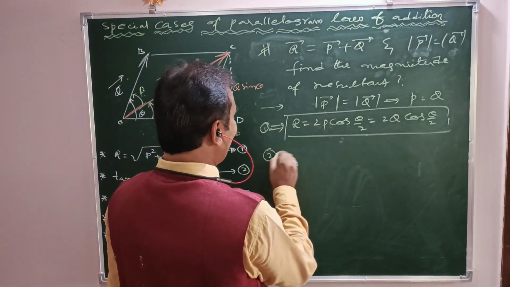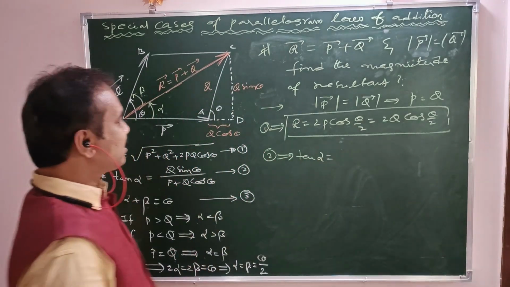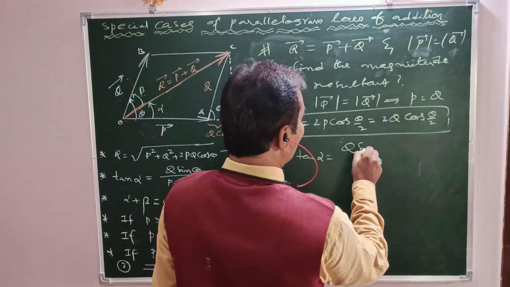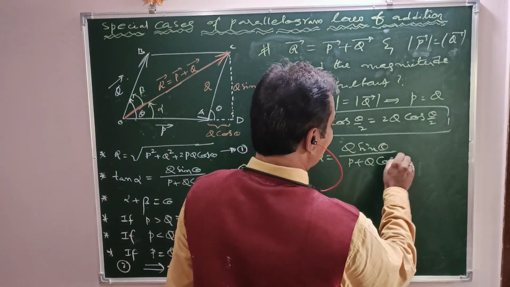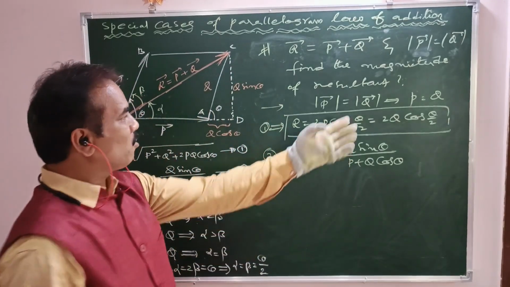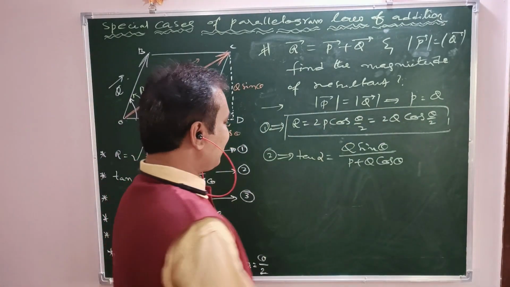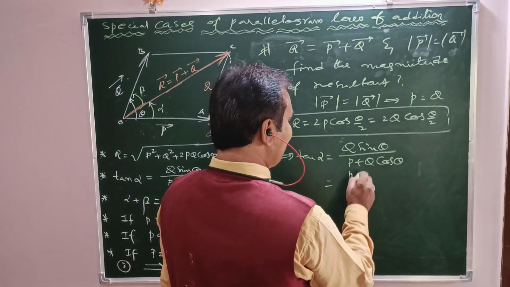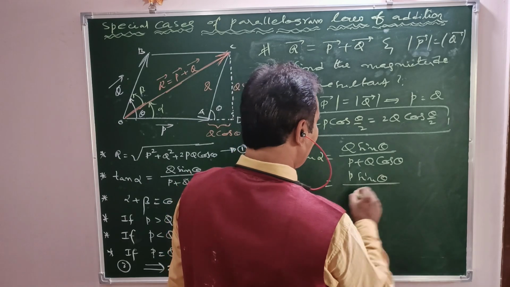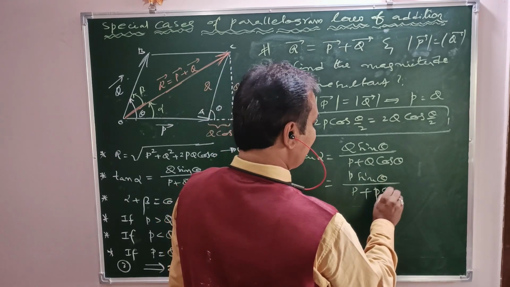Now here, tan alpha equal to Q sin theta by P plus Q cos theta. Once again, Q means P only. Replace Q with P, that is tan alpha equal to P sin theta by P plus P cos theta.